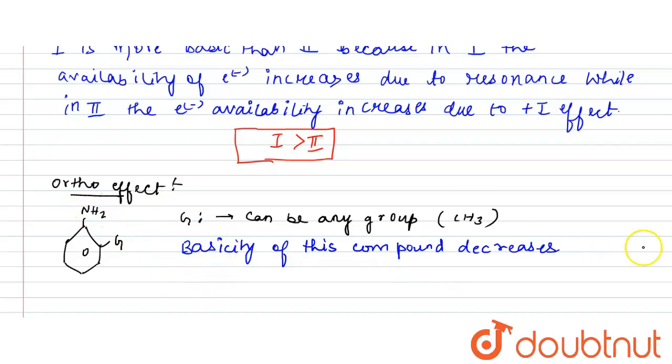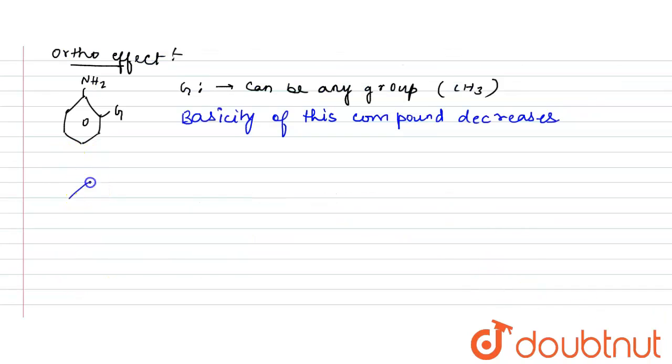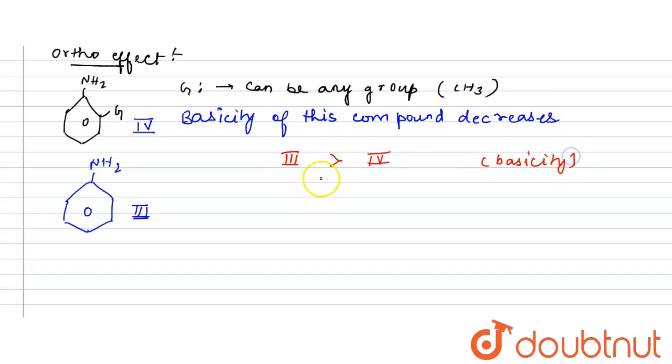So if you take a normal aniline like this, with the NH2 group, and name this 3, and let's name the other 4, you will always say that the basicity of 3 is going to be greater than the basicity of 4.